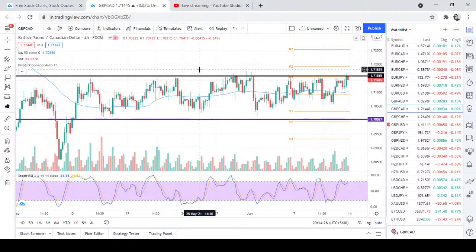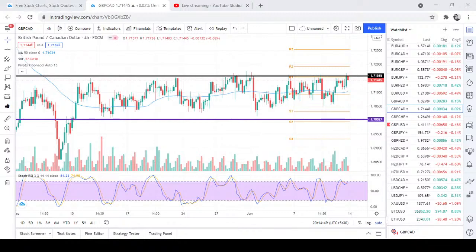GBP CAD, British Pound, Canadian Dollar. So we have got two levels here. The support does not look very convincing, so support is not required. We do not want this support. But the resistance looks promising.